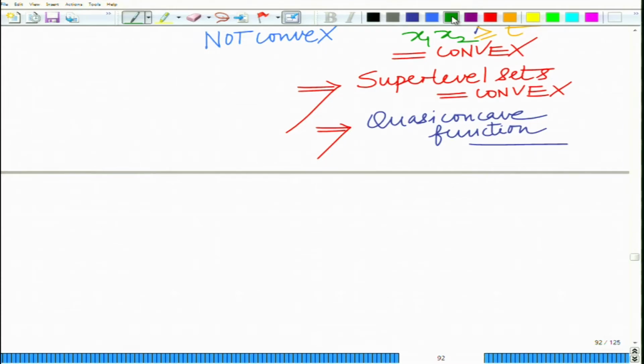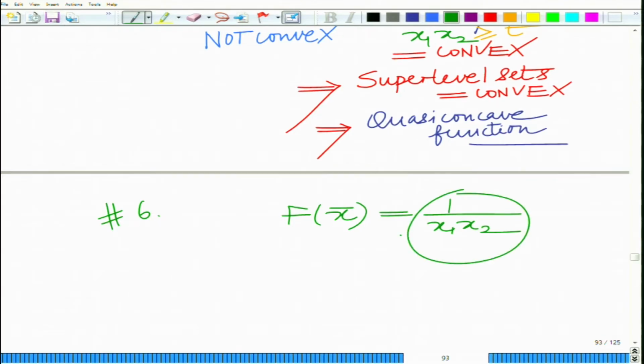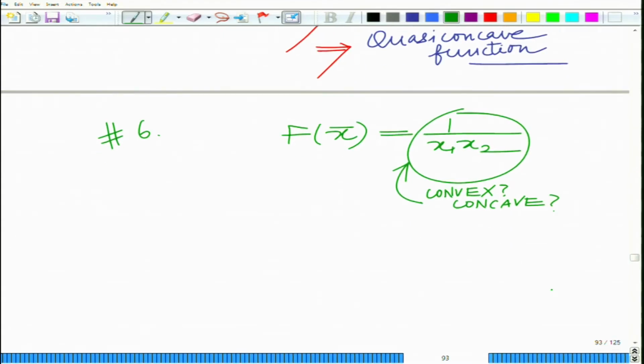Okay. Similarly, let us now move on to the next example. Let us now consider the reciprocal of the previous one, f of x bar equals 1 over x1 x2. Again we want to ask the same question, is this function 1 over x1 x2 convex or concave? And you can once again find the Hessian of this.